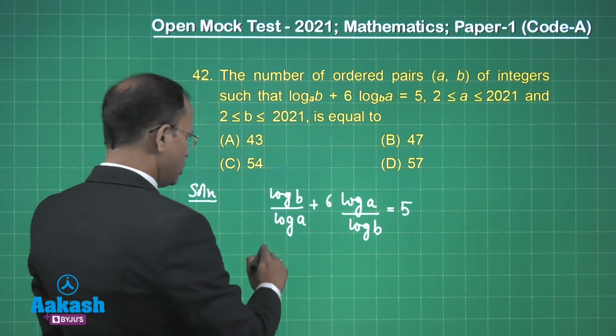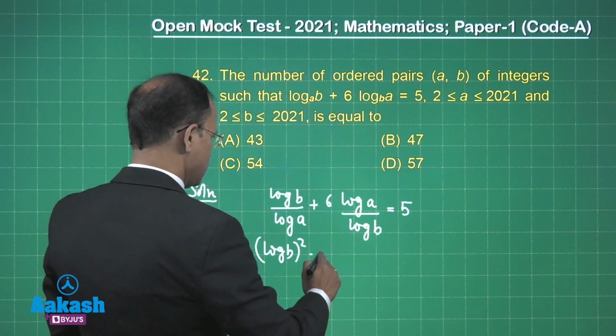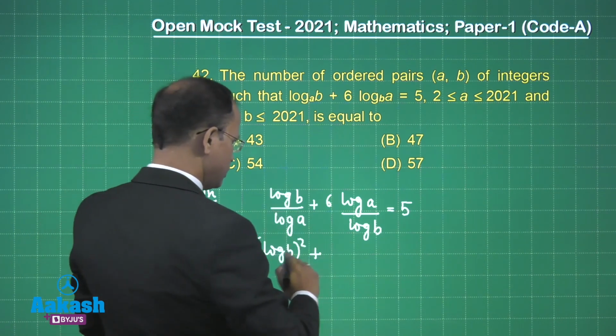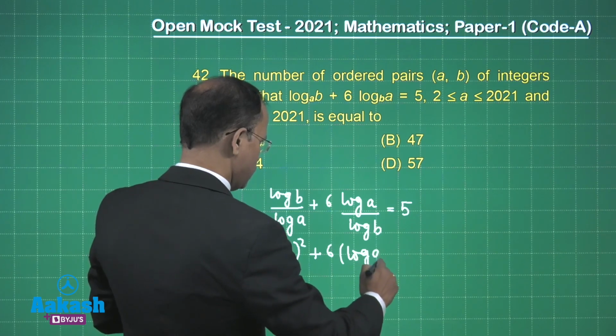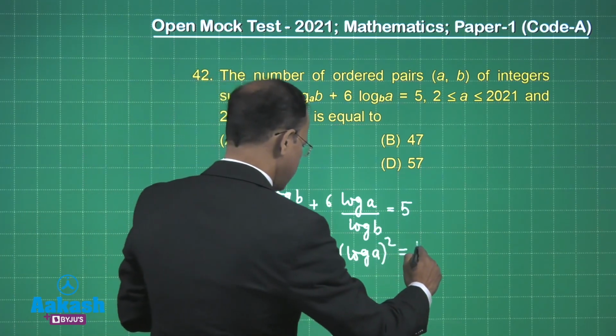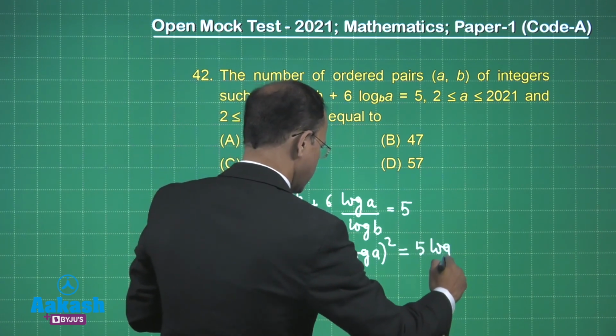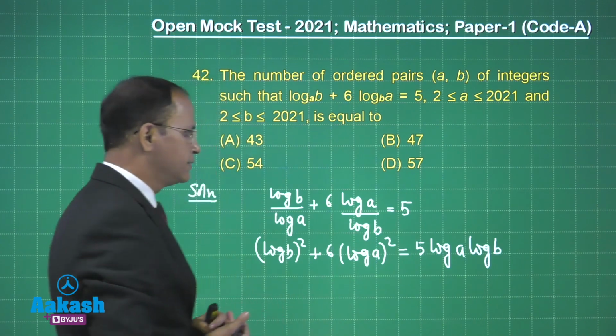Now log b whole square, then we have 6 log of a whole square is equal to 5 times log a log b, okay. This is what we have.